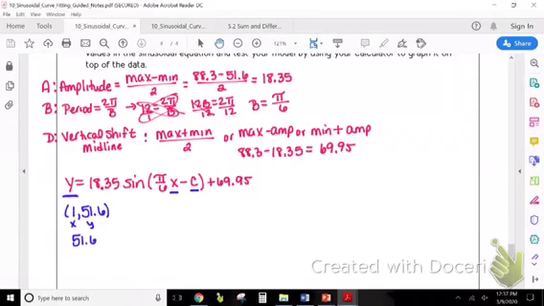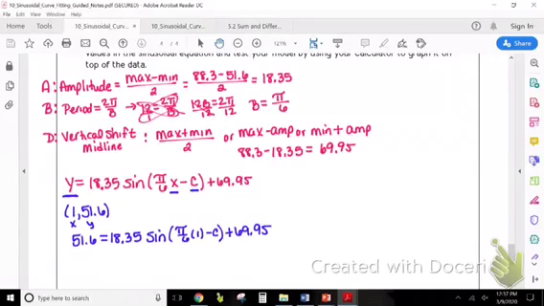So 51.6 equals 18.35 sine pi over 6 times 1 minus c, and then plus 69.95. And let's just slowly go through this one piece at a time and solve for c.